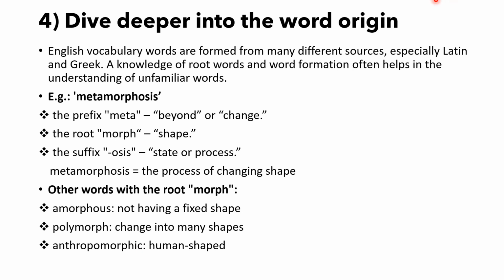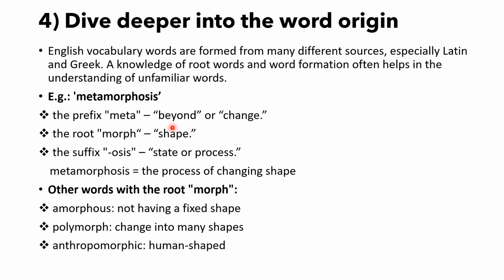Now, let's take a look at this word here, metamorphosis. Metamorphosis. It has its origin in three Greek, I won't call them words, they are morphemes. They are units. Okay, so you have three different units here. They're all from Greek. The prefix meta comes from a Greek word which means beyond or change.